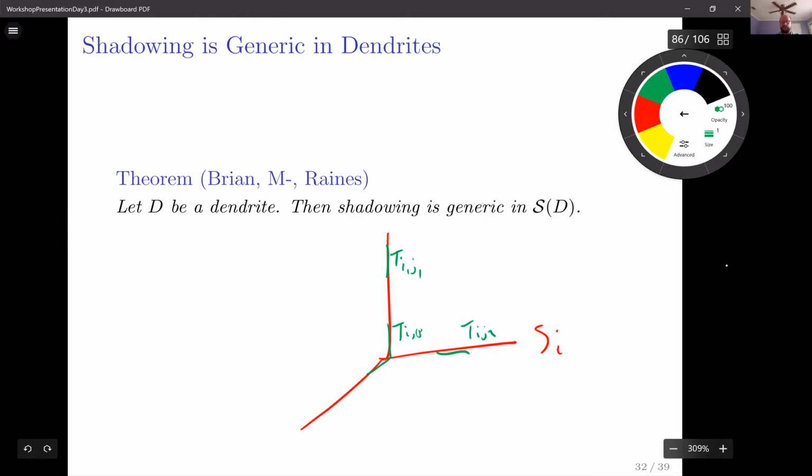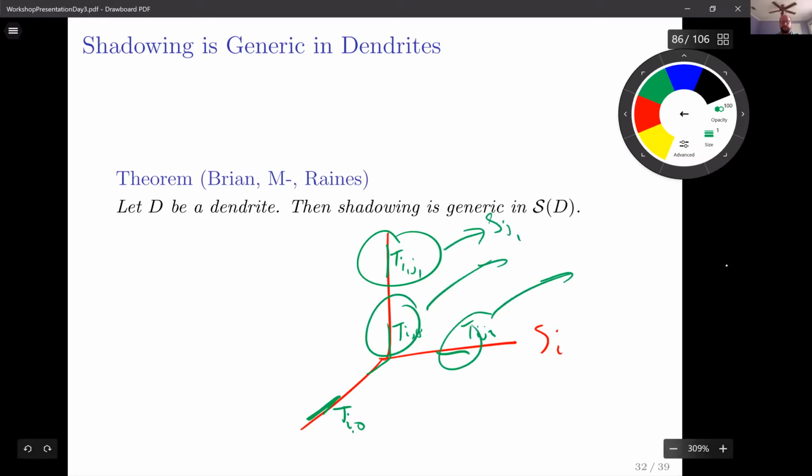And all we're going to do is take one more T, let's call it T_i,0, since we're not using 0. We map all of these as before, so those map across their appropriate S_j1, S_j2, S_j3. And this one, we map it across so that it covers the image of U_i closure.